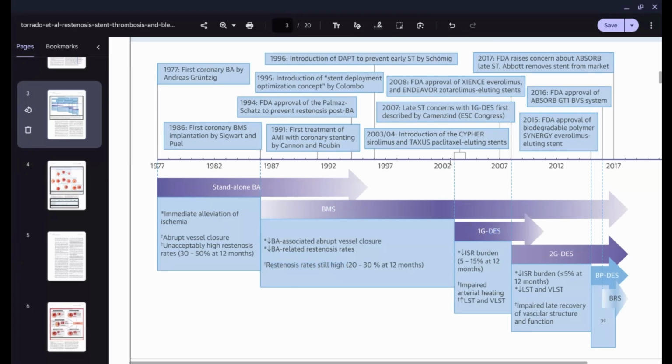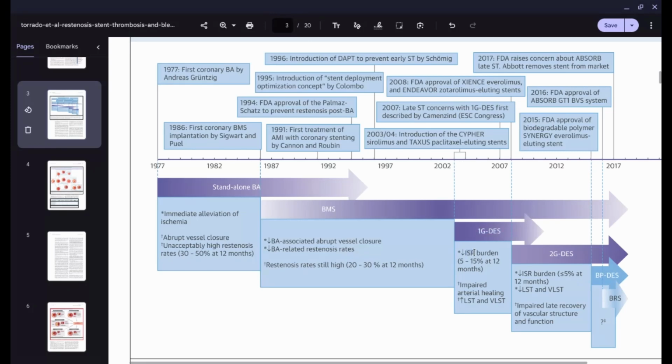This is from the 2000s. Notice our bare metal stent manufacturing happened somewhere in the 1990s, during the time of Dr. Abdul Kalam, right? So during the 1990s is when they did ingenious manufacturing of the bare metal stent. And the first generation of drug eluting stents is from the early 2000s.